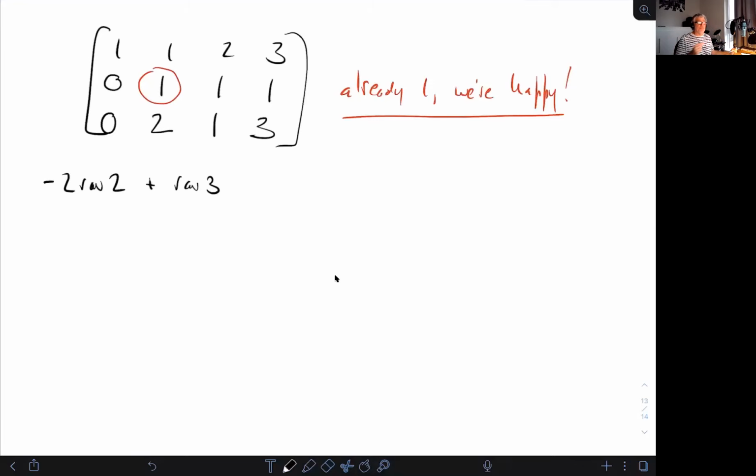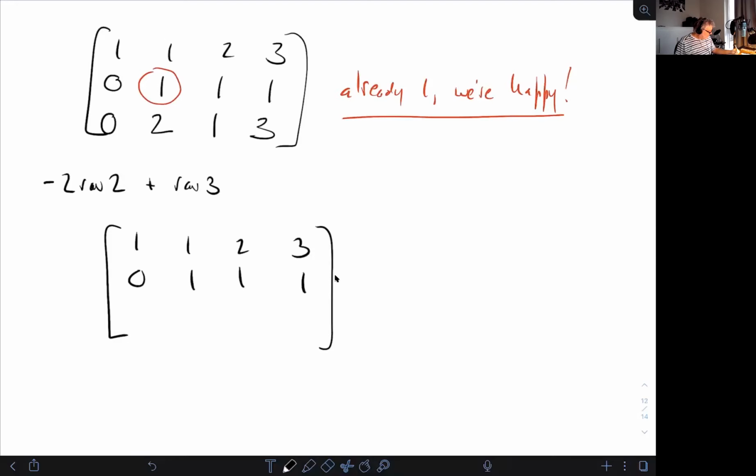But if they were not 0, then things would start to happen. You have to be careful in which order you do things. So here's what we get. This is 1, 1, 2, 3, 0, 1, 1, 1. So I do -2 plus 2 is 0, -2 plus 1 is -1, -2 plus 3 is 1. So this is what I get.